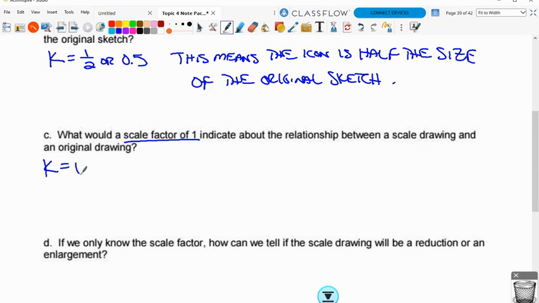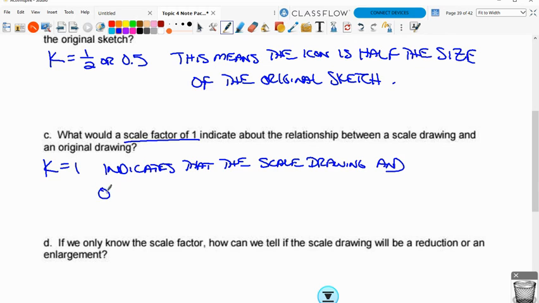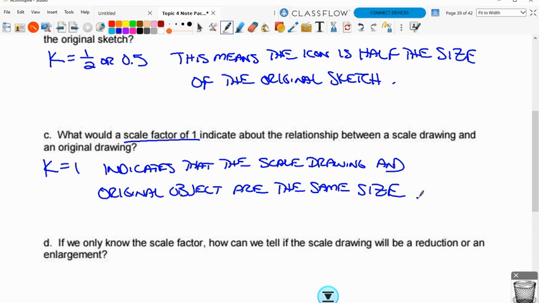So a scale factor of 1 indicates that the scale drawing and original object are the same size. Because if you multiply any value by 1, you get the same number back. So if k equals 1, this indicates that the scale drawing and the original object are the same size.